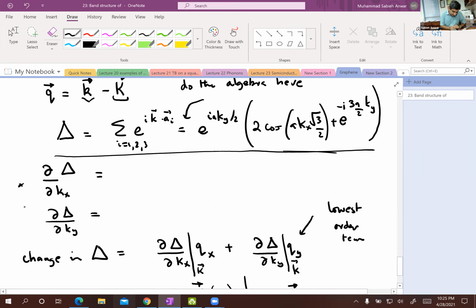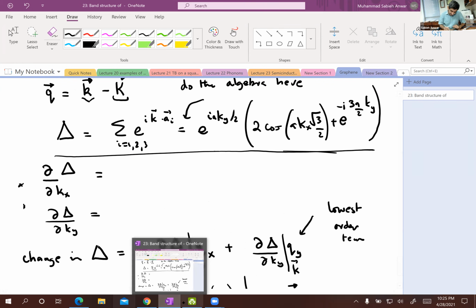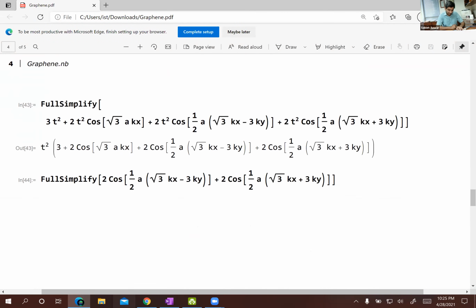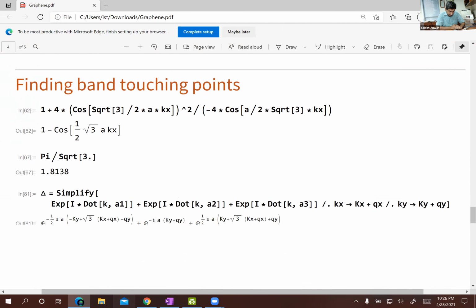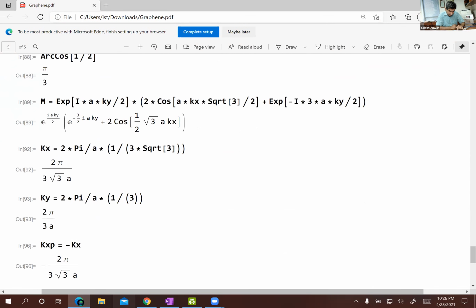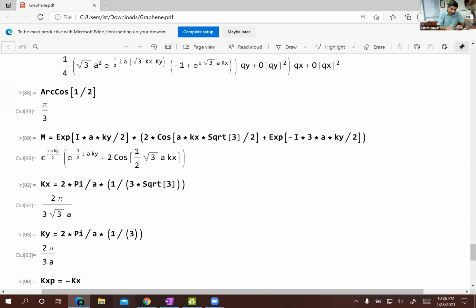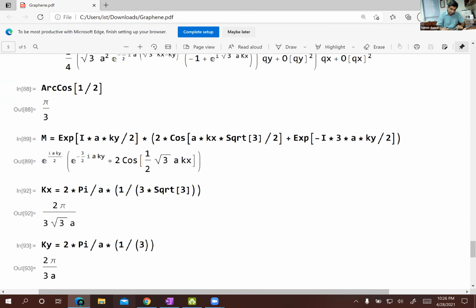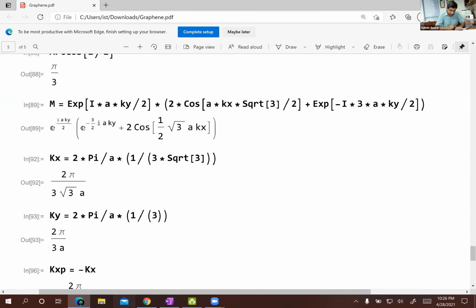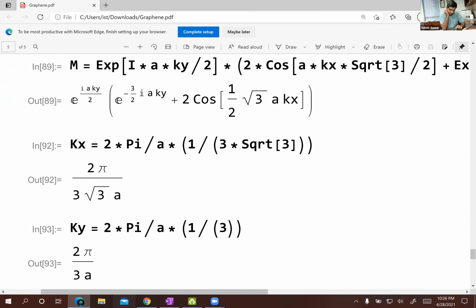All right, so if I were to take this term here and find out the gradients, I can always do this by hand, but Mathematica can also do this for me. So I've done that over here. All right, so here I've defined what I call capital delta. I put it as M here. I define my K points, the K capital X and KY.